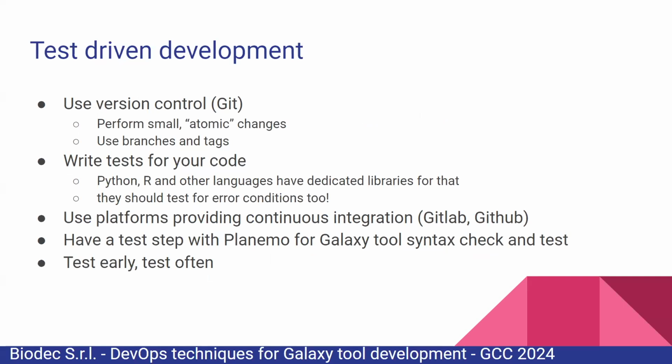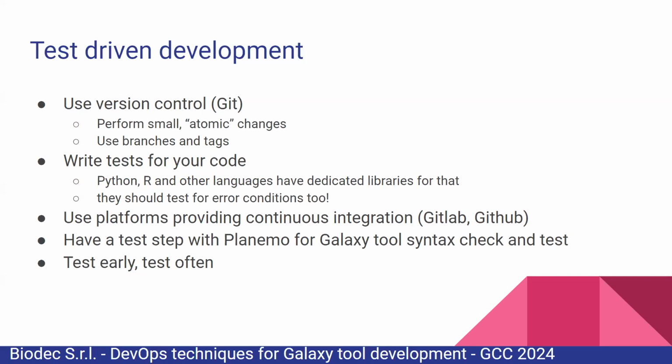Test-driven development is key. The core idea is to have tests earlier. Before you write your code, you write the test, and you use all the technologies that help development, like version control, having small commits, saving your changes early, and the automation in the platform that you may use for storing your code, like GitLab or GitHub, which can run the tests automatically.